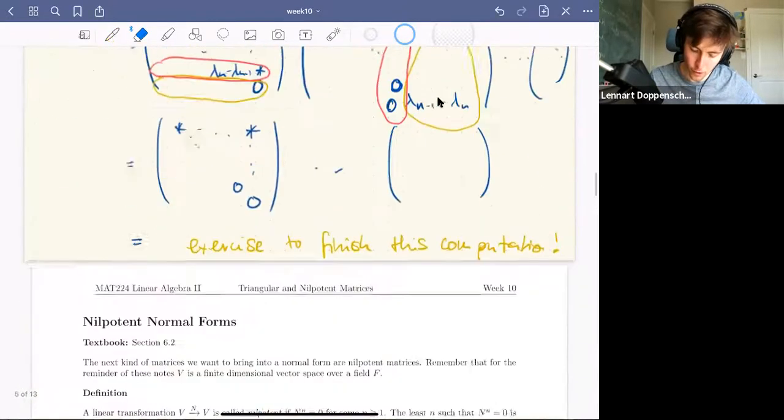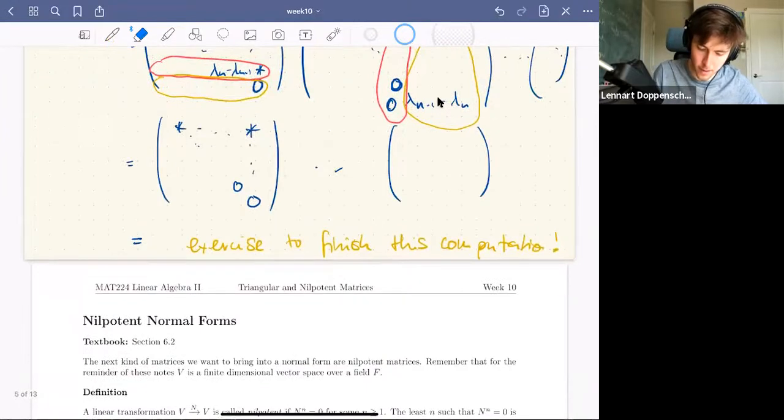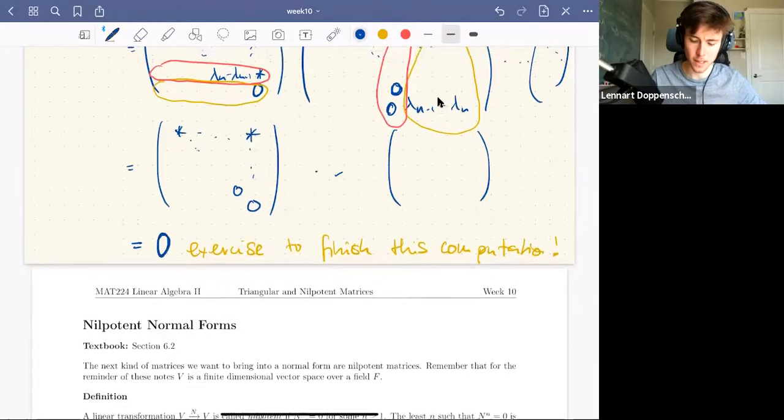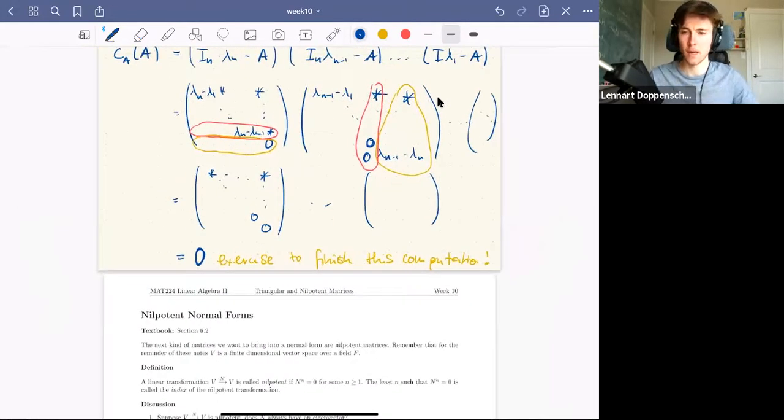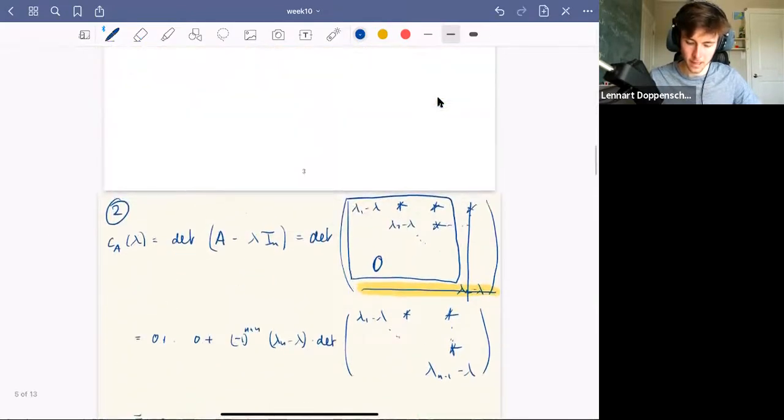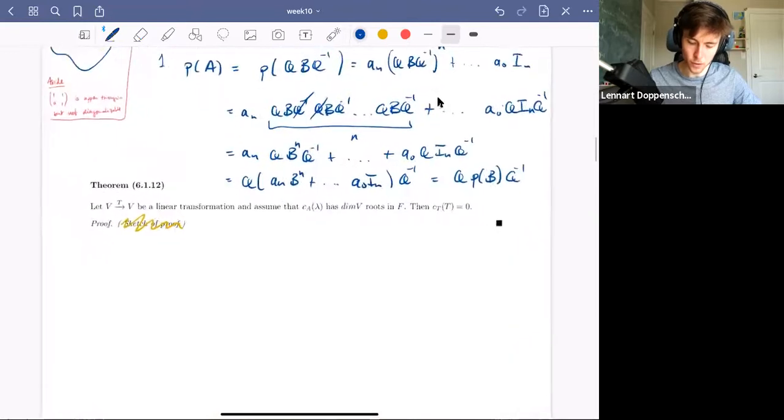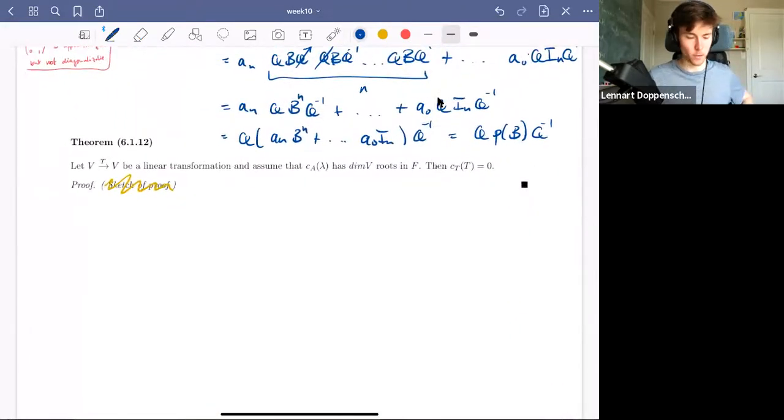So we want to show this is supposed to be zero. It's supposed to be the zero matrix. So this means that the characteristic polynomial of a matrix applied to itself will be zero. And this is true by theorem 6.1.12, which is called the Cayley-Hamilton theorem.